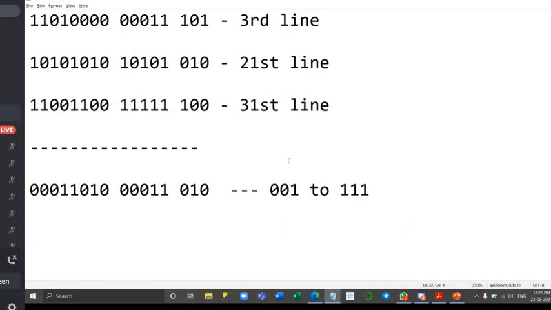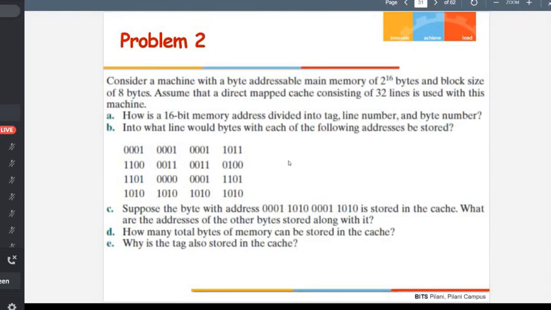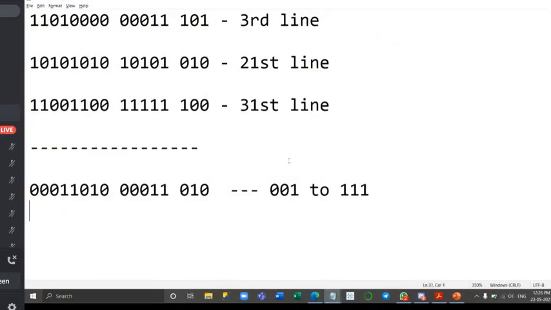So yeah, this covered the third part as well. So which line? You iterate from 001 supposedly for now until we get clarity on this. You iterate from 001 to 111 because the last 3 bits being used here identify the word. And the 5 bits that are present denote the line.